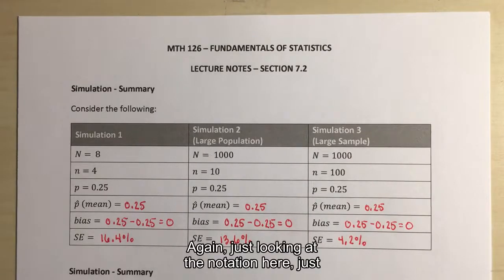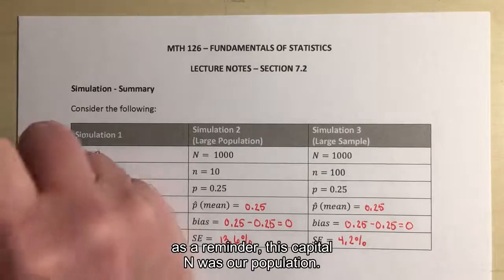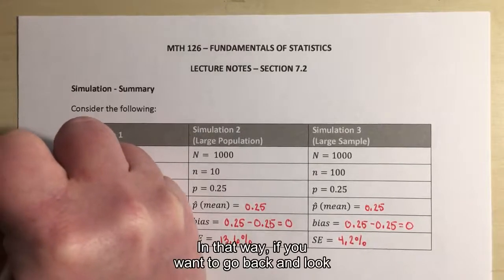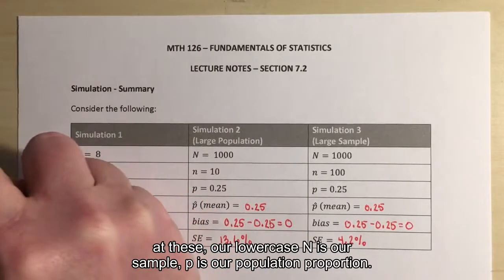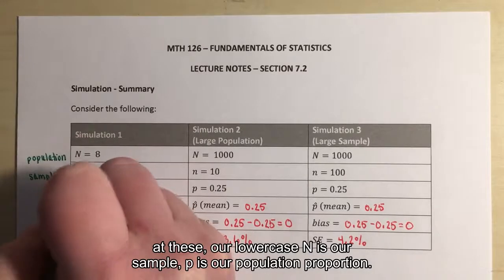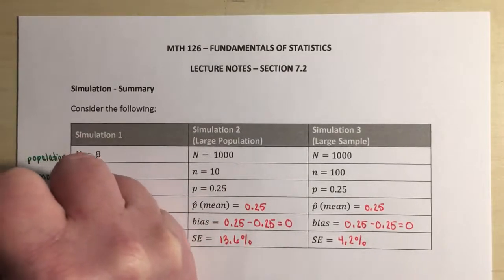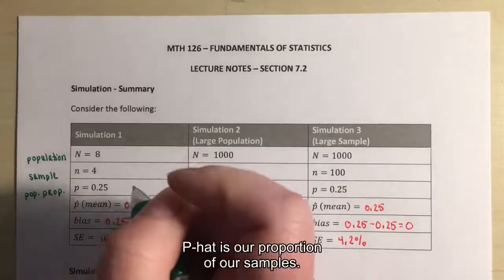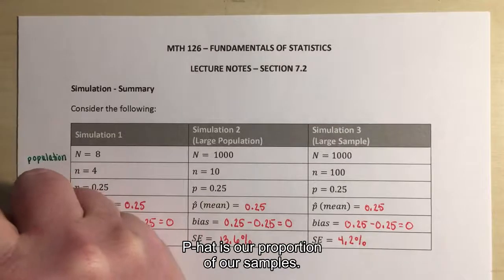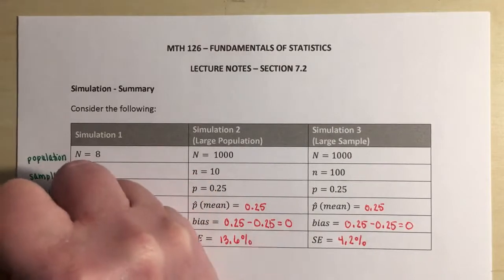Just looking at the notation here as a reminder, if you want to go back and look at these, this capital N was our population, our lowercase n is our sample, P is our population proportion, and p hat is the proportion of our samples.